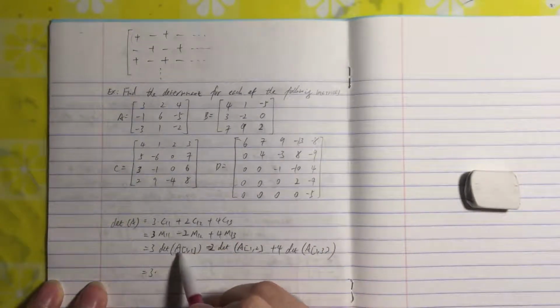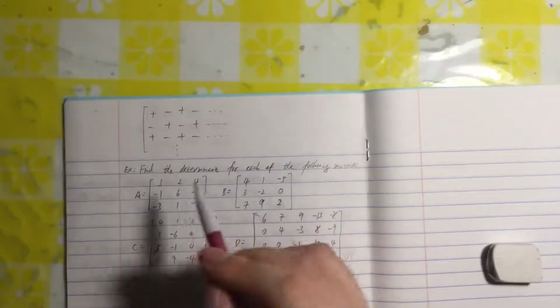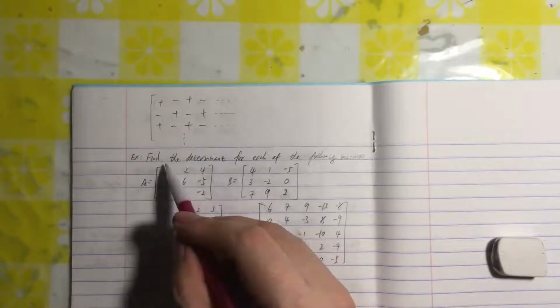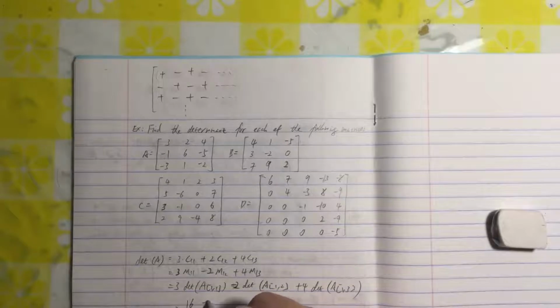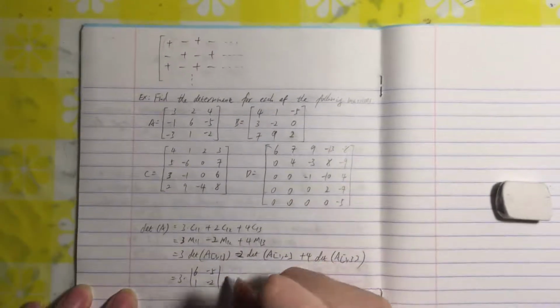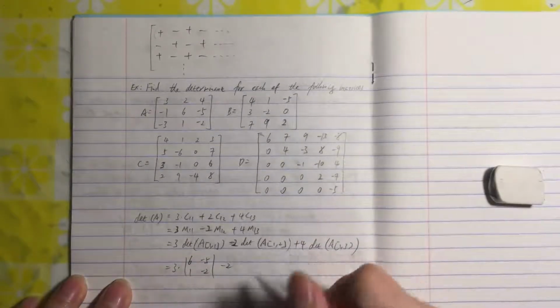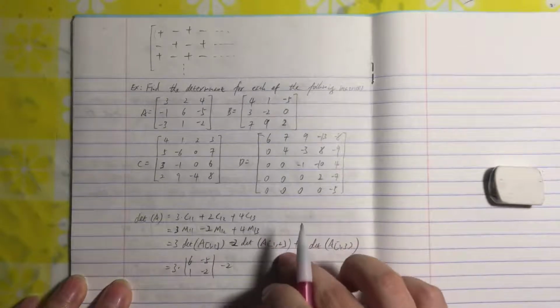The determinant of A sub 1,1 is of the matrix obtained from matrix A by removing the first row and first column. What's left is the matrix 6, -5, 1, -2. The submatrix A sub 1,2 is obtained by removing the first row and the second column.